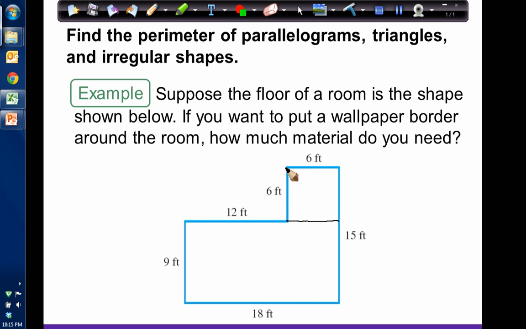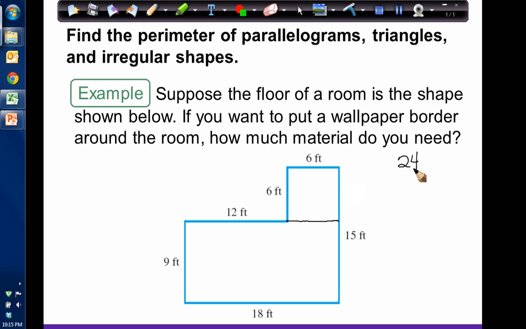So we have 6, 6, and 6. And then this side, the whole thing is 15, 18, 9, and 12. Starting here, 6 and 6 is 12, 12 and 12 is 24.